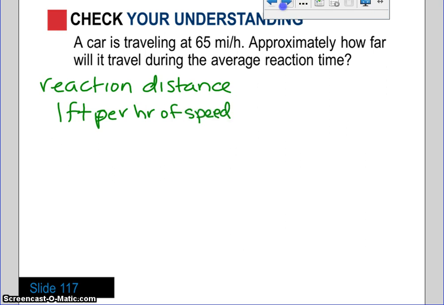So that being said, take just a second and read through this and see if you can determine about how many feet they are going to go going 65 miles per hour. And if you said that it is 65 feet, you would have been correct. So the general rule of thumb is that your reaction distance is equivalent to 1 foot per mile of speed. So at 65 miles per hour, they're going to go about 65 feet in their reaction distance.